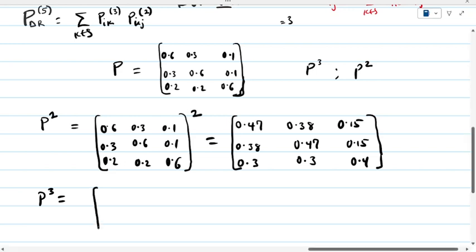Just multiply P squared with the transition matrix, then you have P cube.